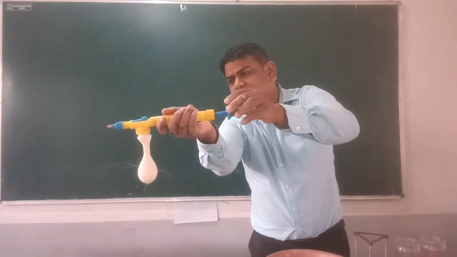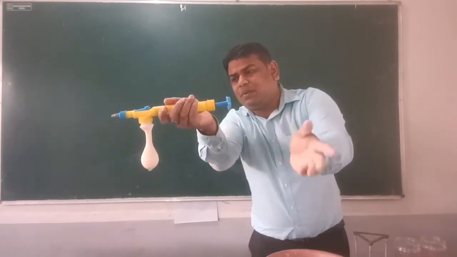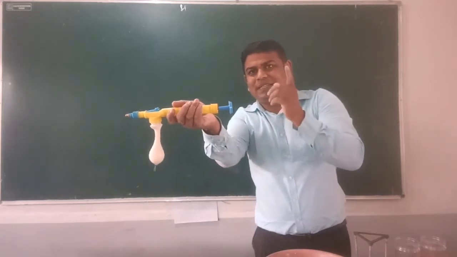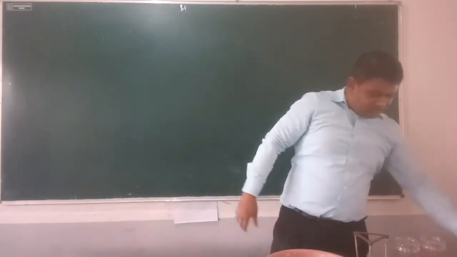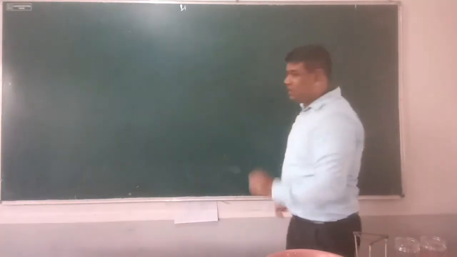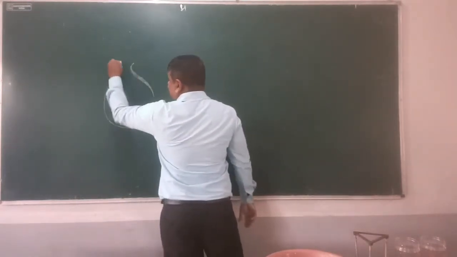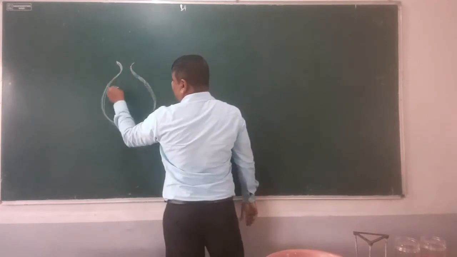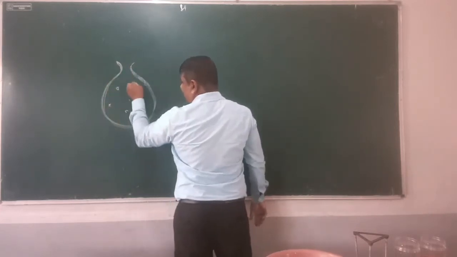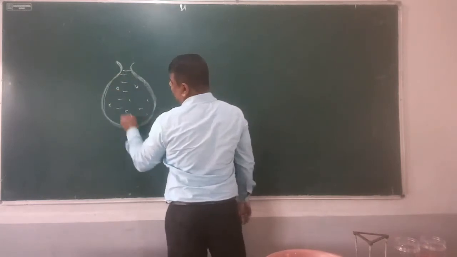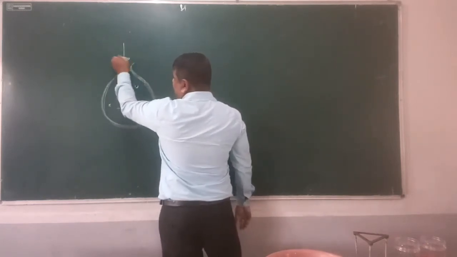When I give pressure, it goes up, down, sideways, everywhere. So this is the observation. And let's explain our observation here. If this is the balloon, there were some pinholes, we filled water and exerted pressure.